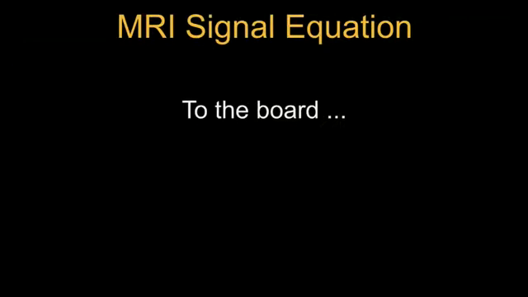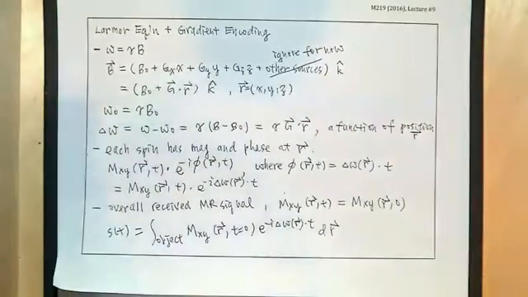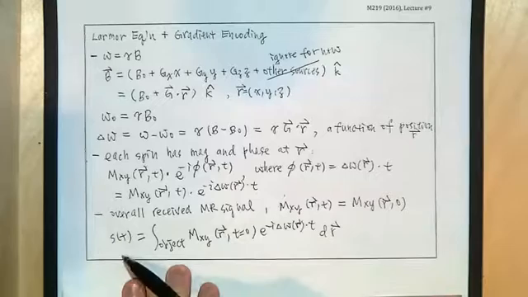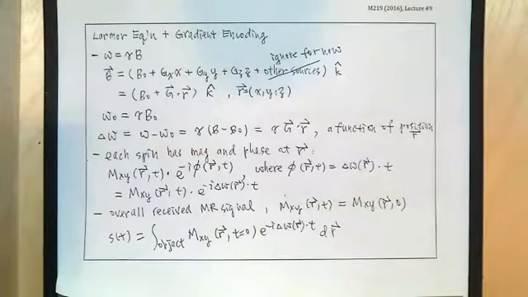All right, so with all that math in mind, let's go back to the signal equation we saw at the beginning of class. Okay, so this is where we ended at the start of class. We went through the Larmor equation, we added in gradient encoding, and this is the equation that we got. Now let me work on that equation for a bit.